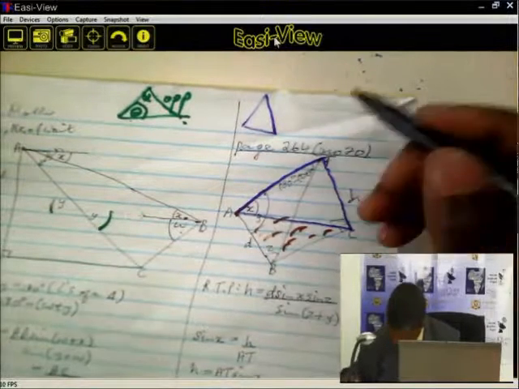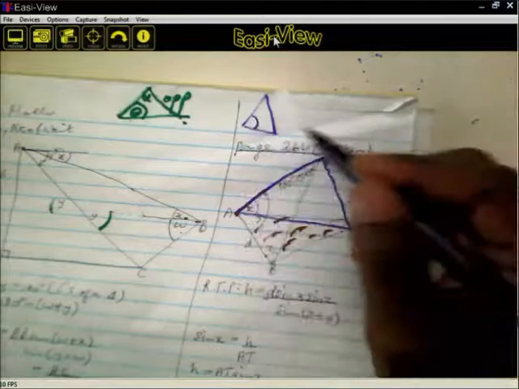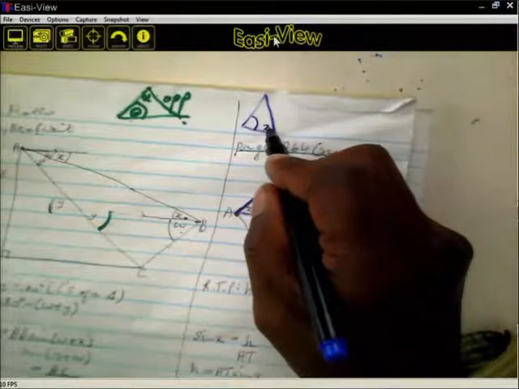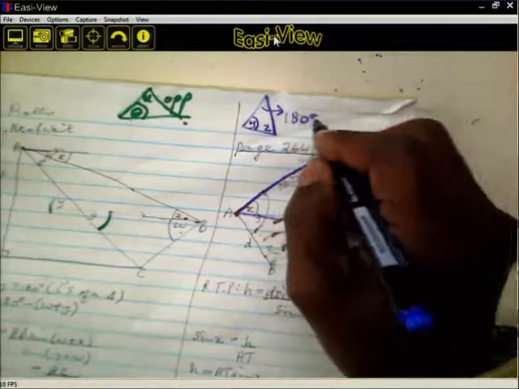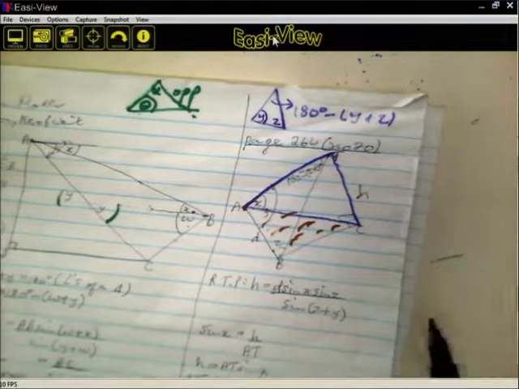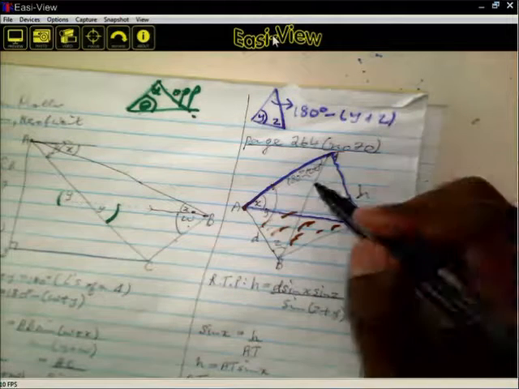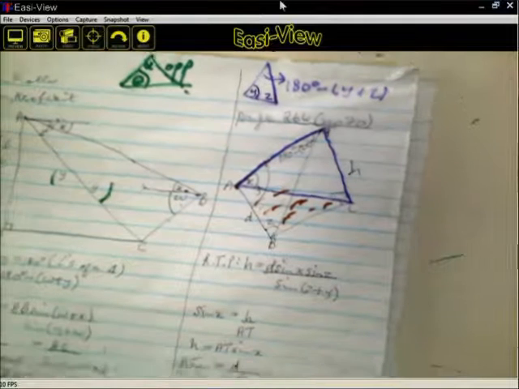Okay? And this is your y. And this is your z. And your trig ratios say this must be equal to 180 minus y plus z. That's where I get that magnitude from, 180 minus z plus y.